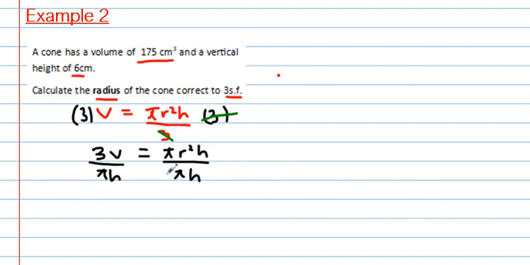Okay, this will cancel out. On this side, I will have r squared will be 3v over pi h.